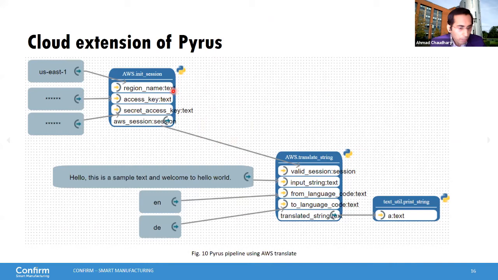After validation by the attached AWS server, it will provide us a session key that will be passed as an input to the next block, alongside other required inputs, for example the sample string to be translated and the to and from codes of the languages. After this translation, finally the translated string is passed to the next block for printing on screen. These pipelines are automatically validated by the underlying modeling platform for connectivity errors of these blocks.